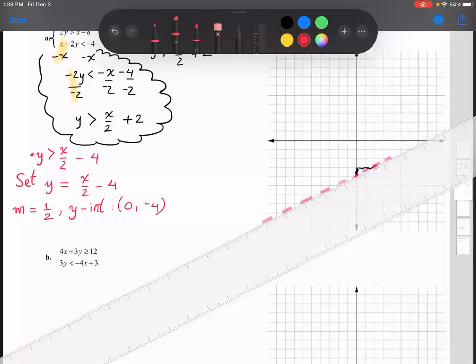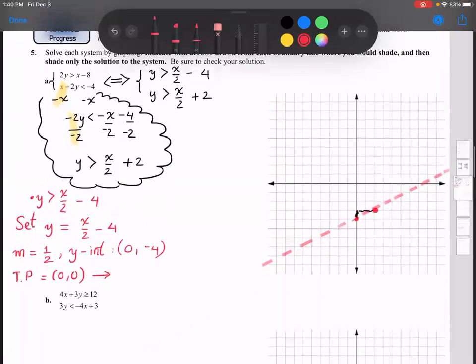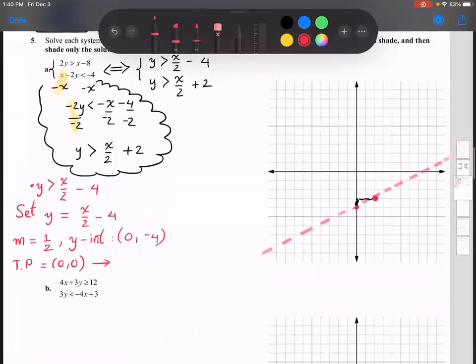And I want to know which side I'm going to shade, so I need a test point. Yeah, 0, 0. Test point 0, 0, and you plug it into the original, so we don't have to argue which one to plug. It's not wrong to plug it into the other one, but I want you to plug into the original so that you never get it wrong.